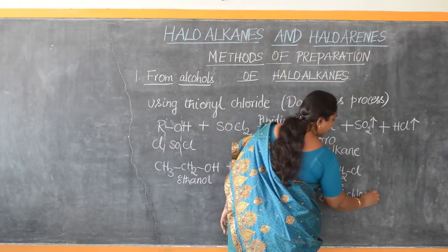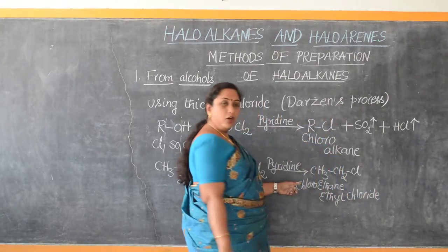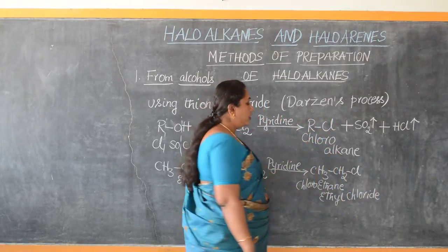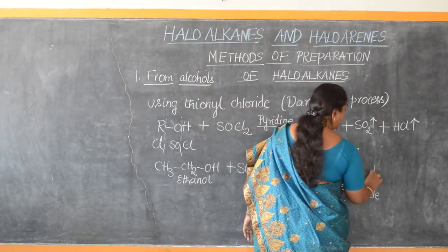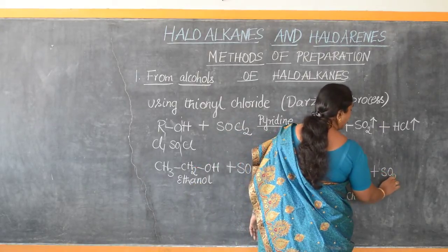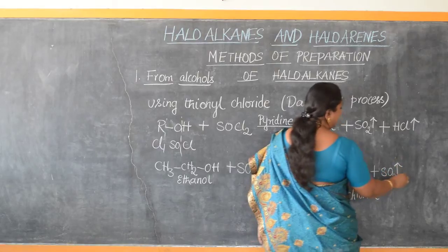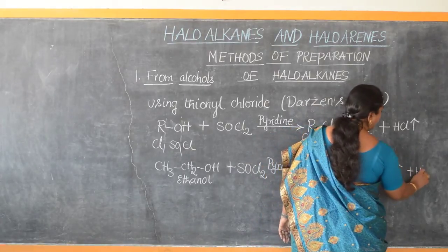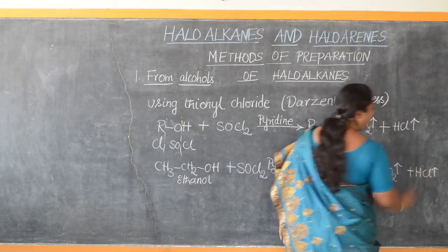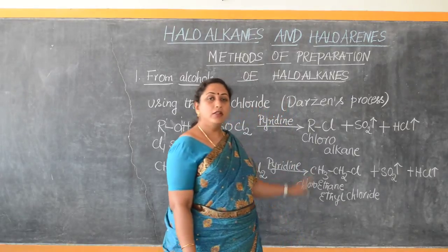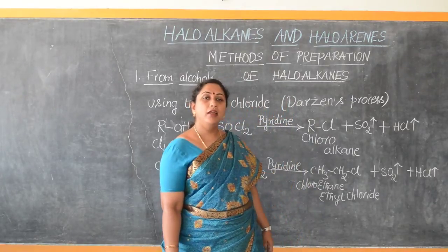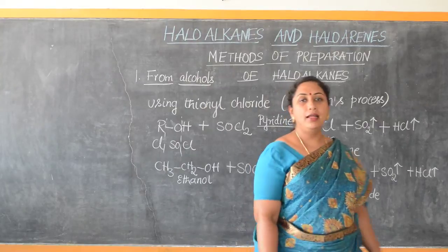Chloroethane is its IUPAC nomenclature. Ethyl chloride is its trivial nomenclature. Along with this, sulfur dioxide is liberated and HCl formed immediately is absorbed by pyridine. Therefore, this is the most suitable method to obtain chloroalkanes.